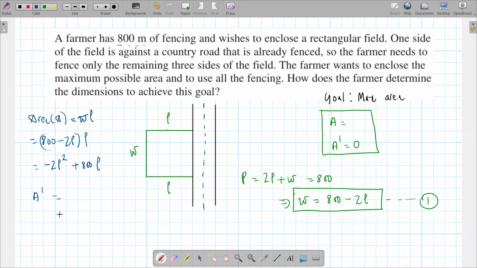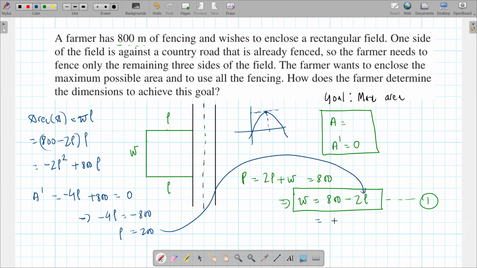Negative 4L plus 800. Yes. And now what we're doing is we found this. We found the slope function, and we know at the vertex, what's the slope? It's 0. So set it as 0. Negative 4L equals negative 800. L is 200.